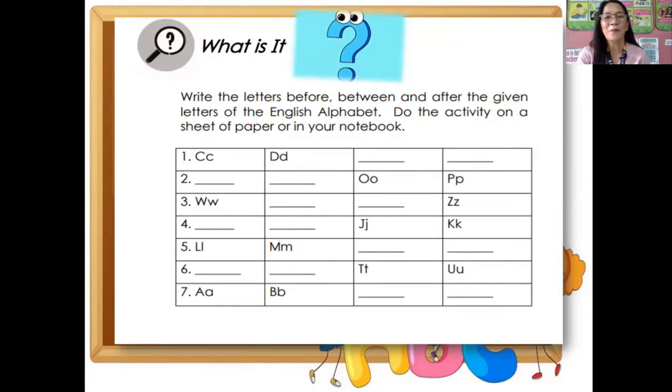Number 5, what are 2 letters after letter M? Number 6, what are the 2 letters before letter T? And number 7, what 2 letters are after letter B?